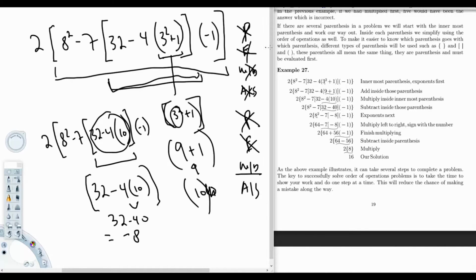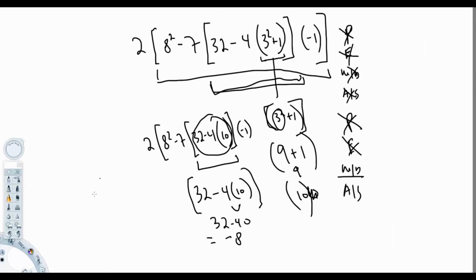Moving along. Let's rewrite this problem now. 2, 8 squared minus 7. We said this whole thing was minus 8. And here we have minus 1.